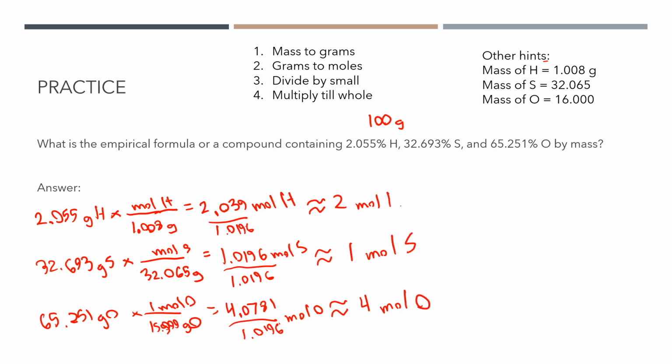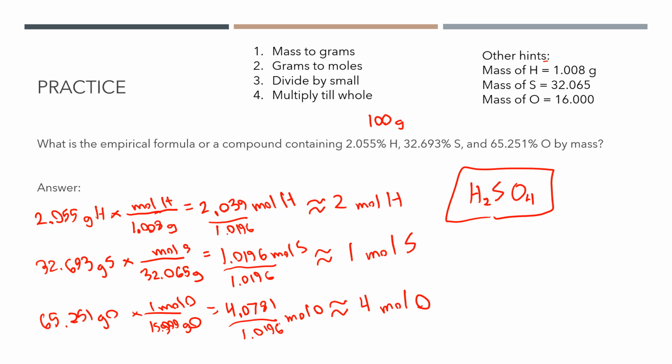So now we know that for every mole of our product, we should have 2 moles of hydrogen, 1 mole of sulfur, and 4 moles of oxygen. So H, we got 2 of those. S, we got 1 of those. And then O, we have 4 of those. If you look at that, that's sulfuric acid. You should remember that from last unit, hopefully. So that is our empirical formula.